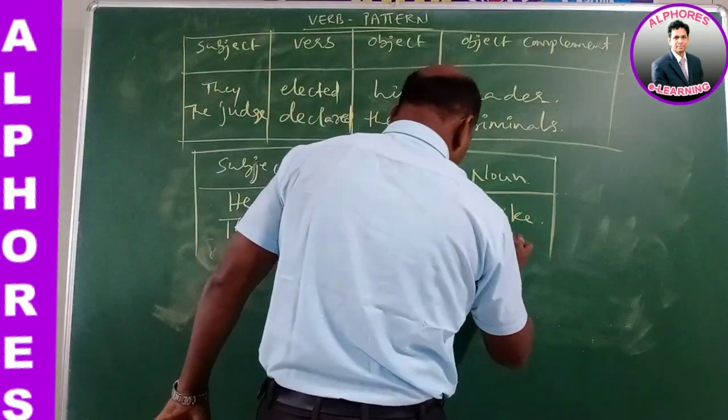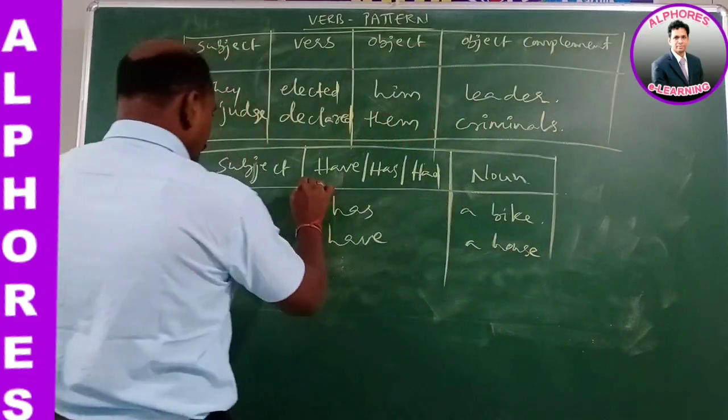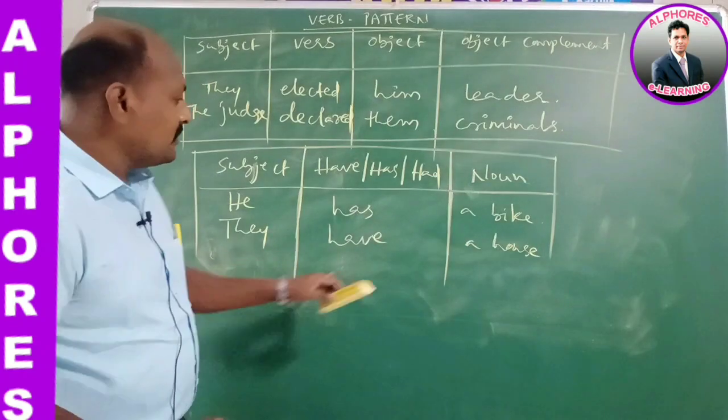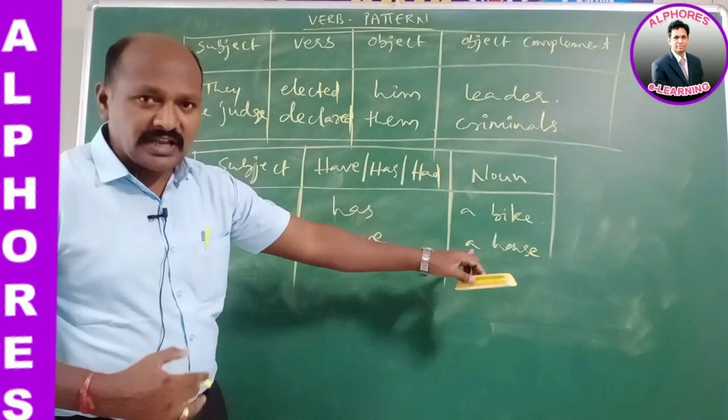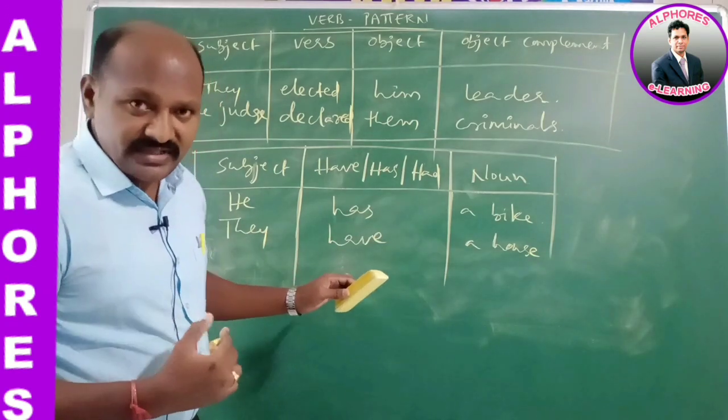They have a house. See, they have a house. That means they are having a house. Have and has we use in present tense, and had.